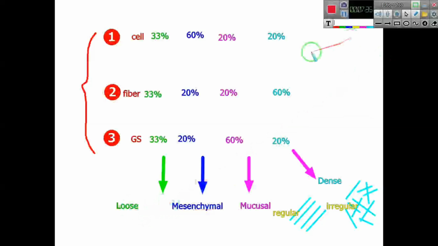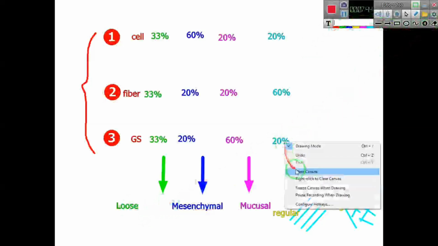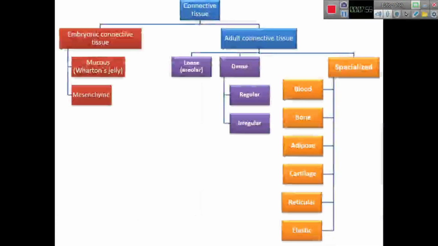Let's go back to the graph. You see we have embryonic connective tissue, mucous and mesenchymal connective tissue.